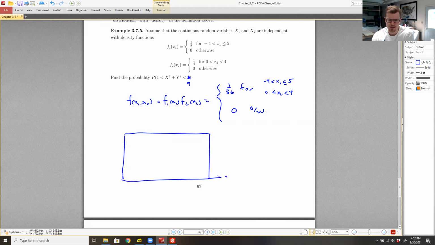So if we call this axis x1 and this axis x2, then we're ranging from 0 to 4 and from -4 to 5. Cut it in half and half and half, so 0, 1, 2, 3, 4. And from -4 to 5, 0 should be somewhere around here.